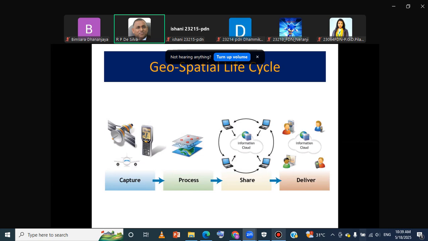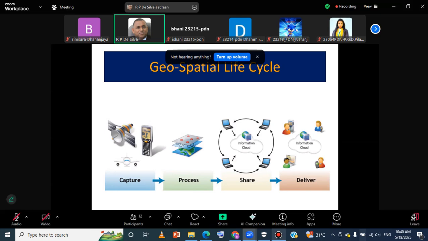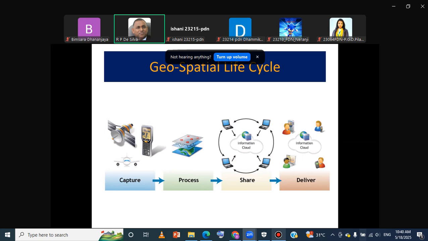It is important in NSDI to promote all aspects of the life cycle, all aspects of the value addition process, rather than limiting it to one or two. With the international experience that we have, we find that most of the time, what is made available is the first part, capturing data and making this data available for people.